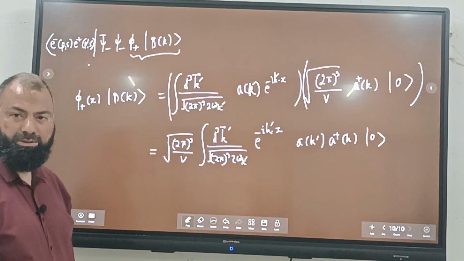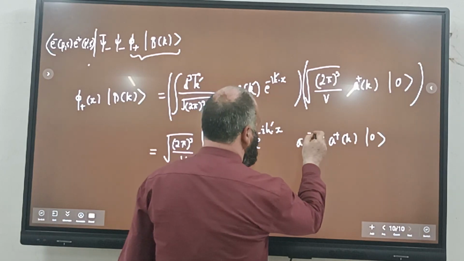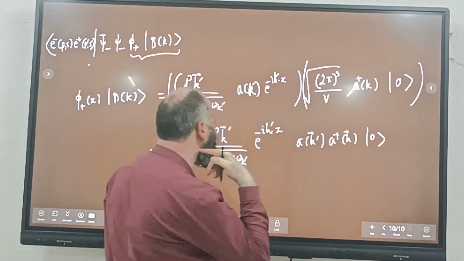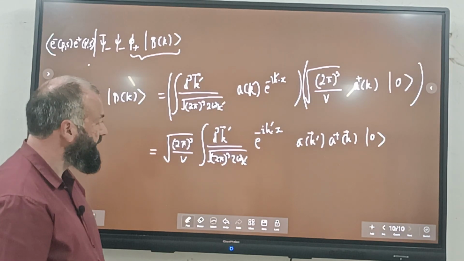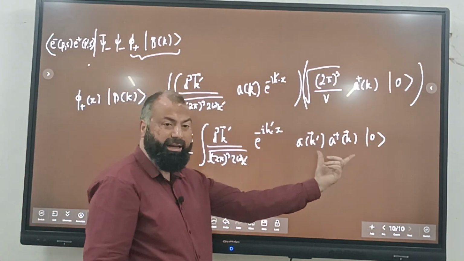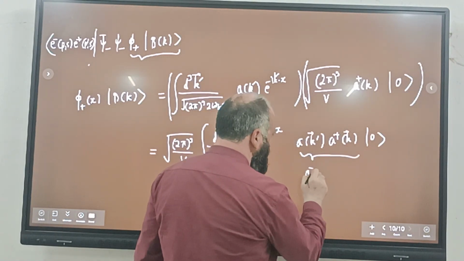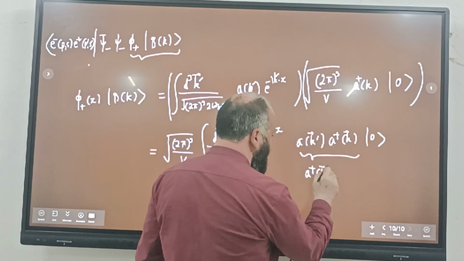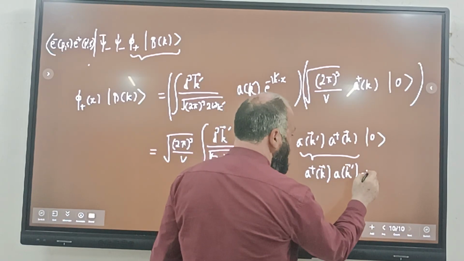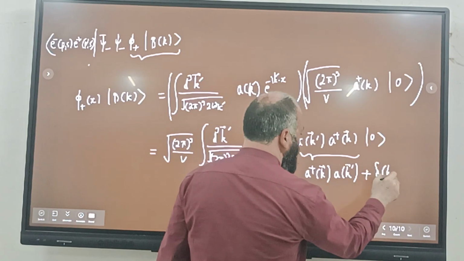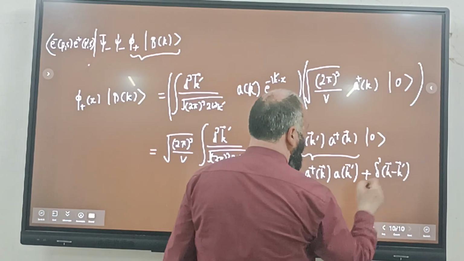Okay, so you can actually write a vector here, it doesn't matter, because everything we are doing at equal times. Okay, so now you are having this a dagger. What will you use? So this object is equal to, using the commutation, a dagger k, then you are having a of k prime, then plus delta 3 k minus k prime. Clear?